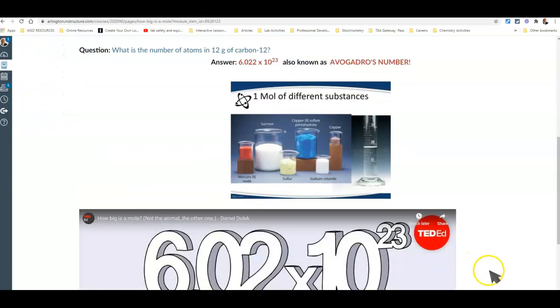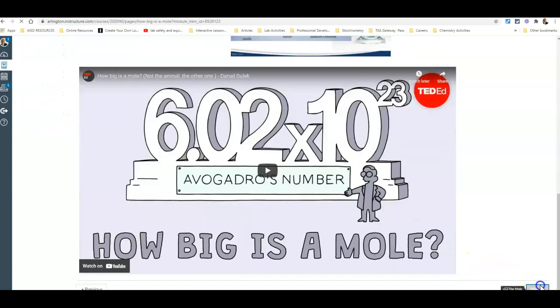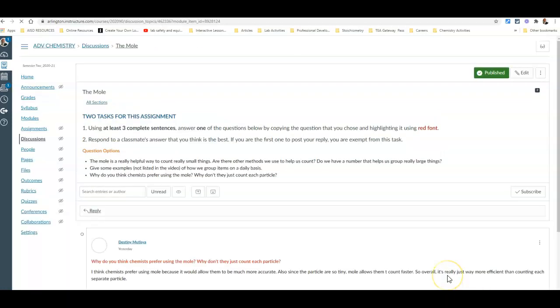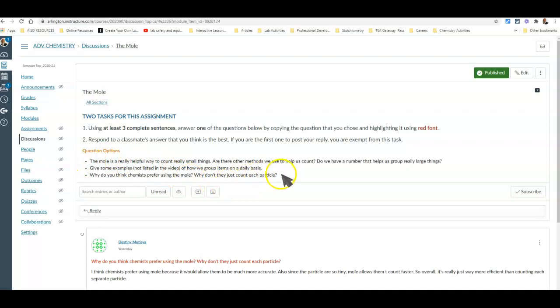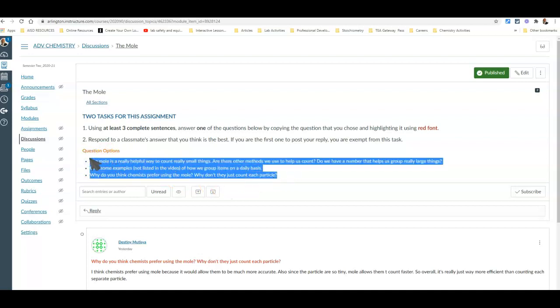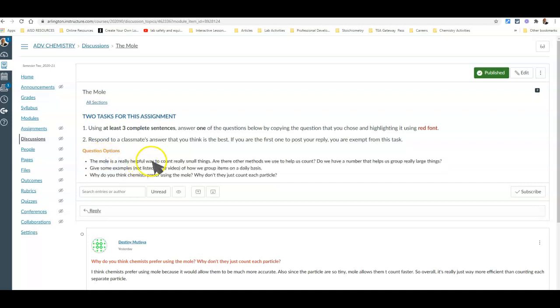Now, when you click on next, which is the next activity, it's simply a discussion question where you pick one of these 3 questions. You don't have to answer all 3. Just pick one question. It could be the first one: the mole is a really helpful way to count really small things. Are there other methods we use to help us count?